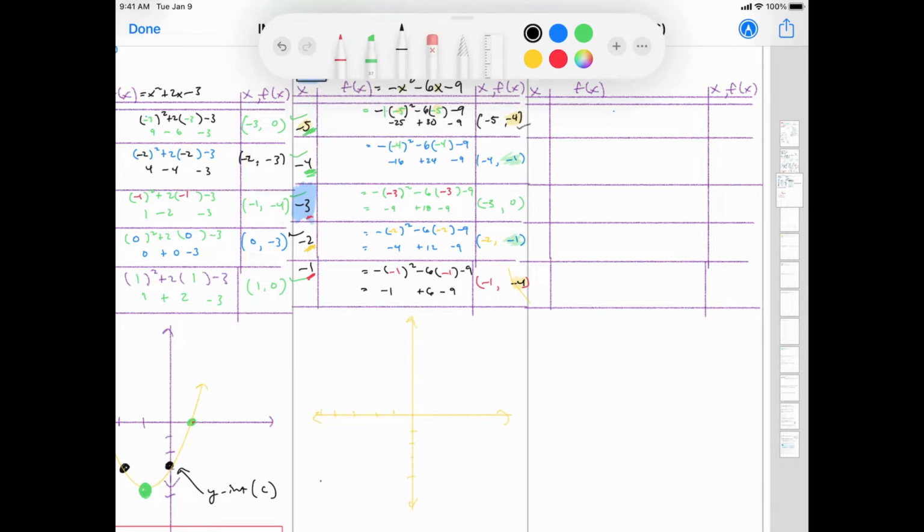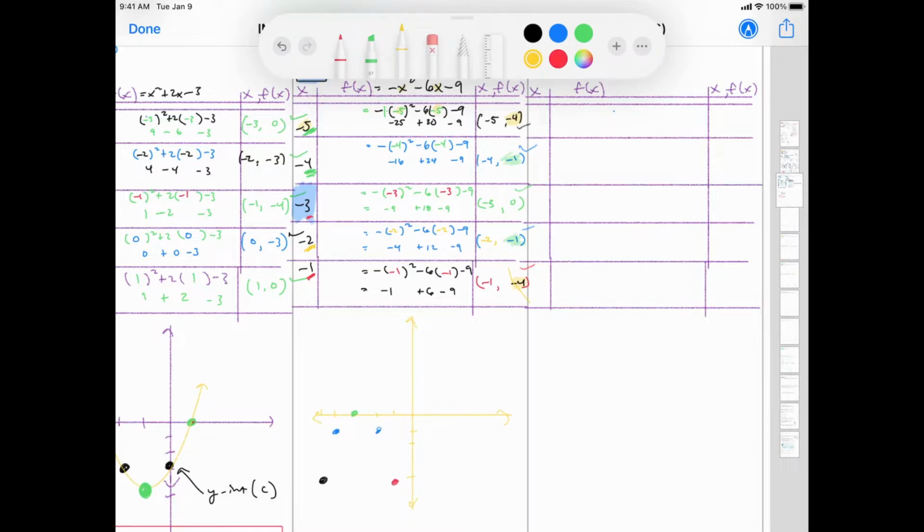Left 5, down 4. Left 4, down 1. Negative 3, 0. Negative 2, 1. So left 2, down 1. And the red one, left 1, down 4.